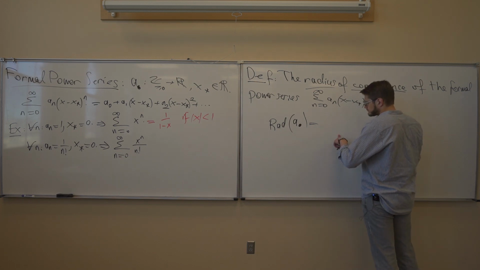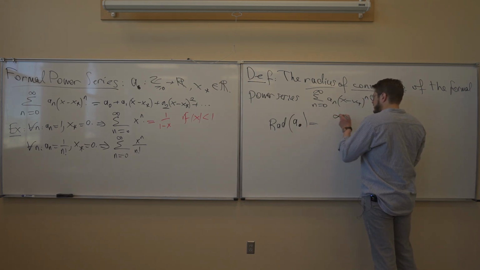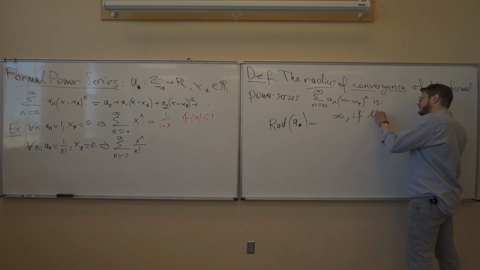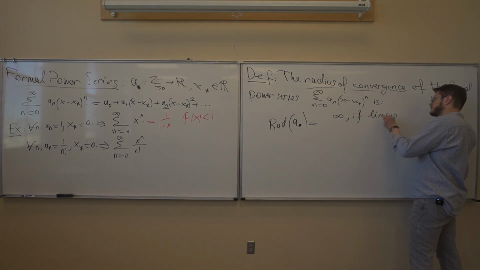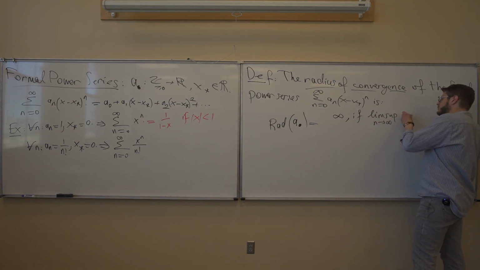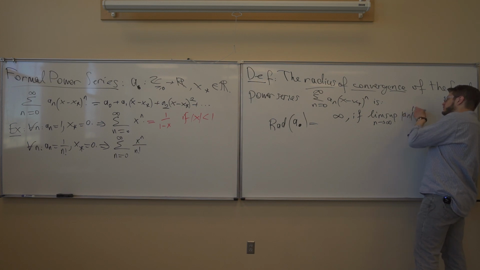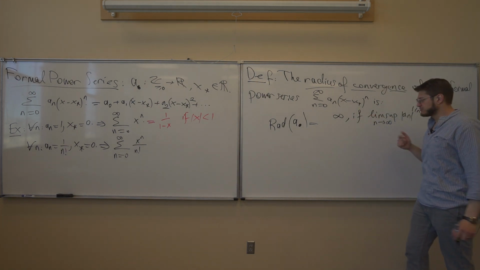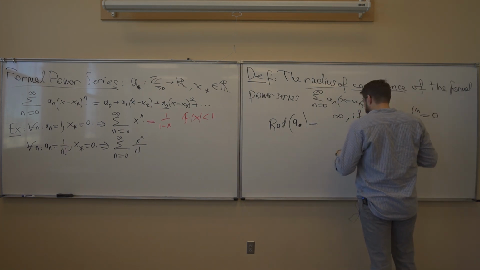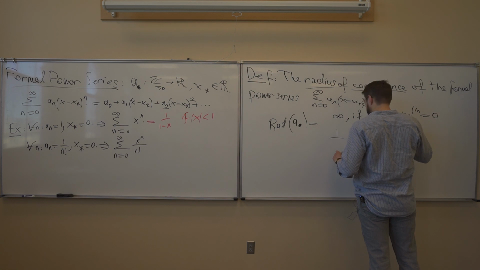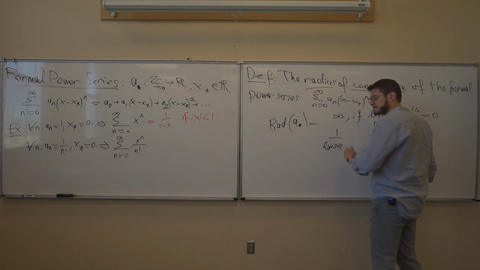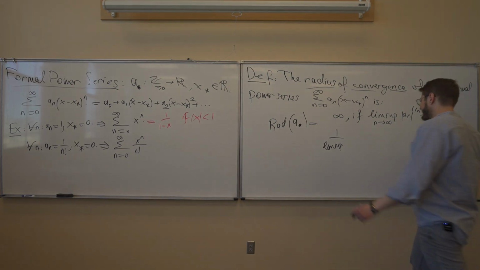So this radius of convergence is infinity if the limsup as n goes to infinity of the root sequence is 0. So infinity is supposed to be 1 over 0 if you want. The reciprocal of this, if this is a finite and positive number.